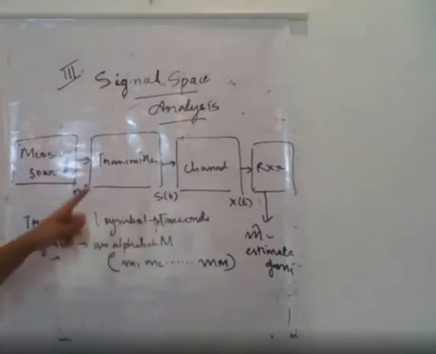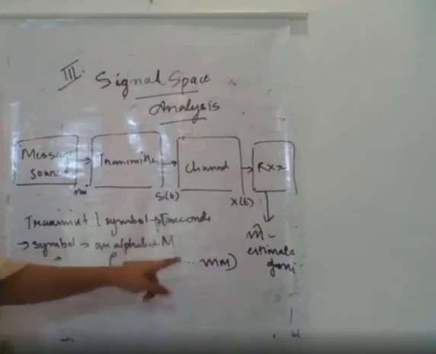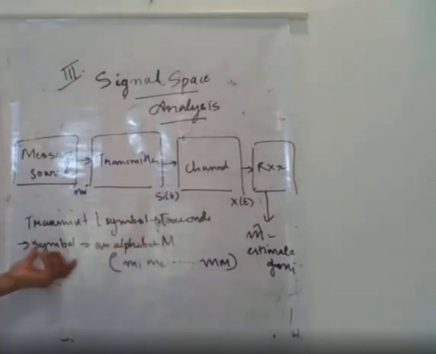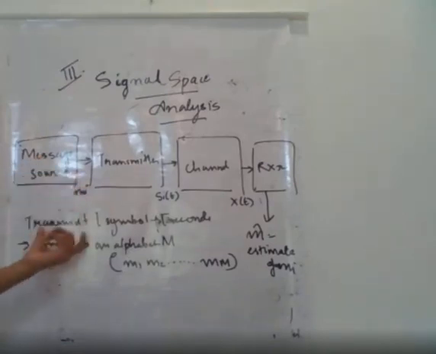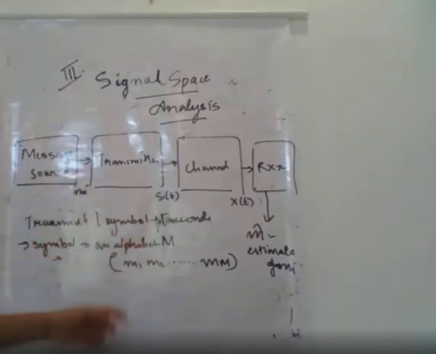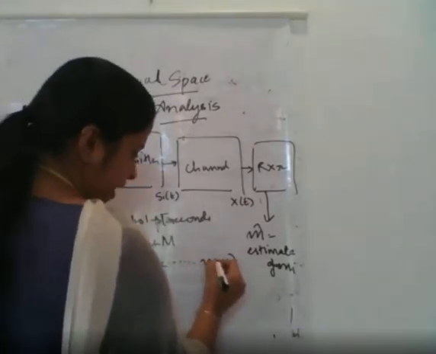Every T second it will transmit one symbol, and the symbol is an alphabet which belongs to capital M. The message source emits a symbol from the alphabet in the range M1, M2, etc. to M.